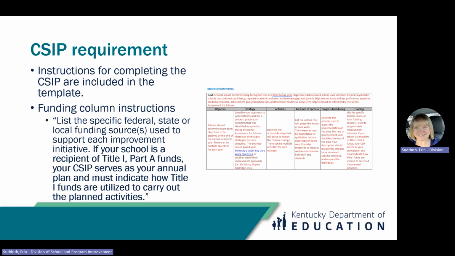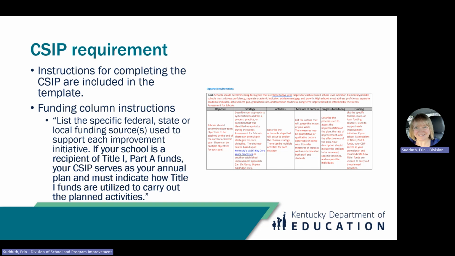If you're familiar with the format of the CSIP template, you know that it's a table with the goal listed at the top and then columns for each of the previously mentioned components: objective, strategy, activities, measure of success, progress monitoring, and funding. There is a screenshot on the slide for reference. There's a section for explanation and directions, and I've included the directions for the funding column on the slide.